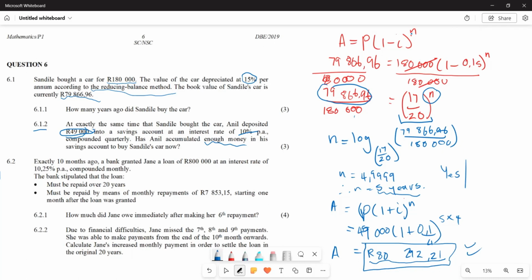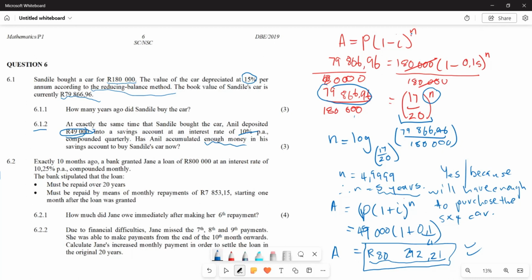So we're going to say yes, because Anil will have enough money to purchase the car. That is the answer for this particular question.